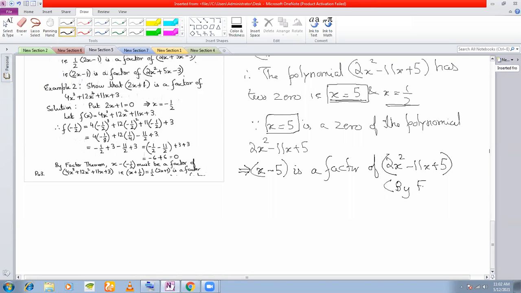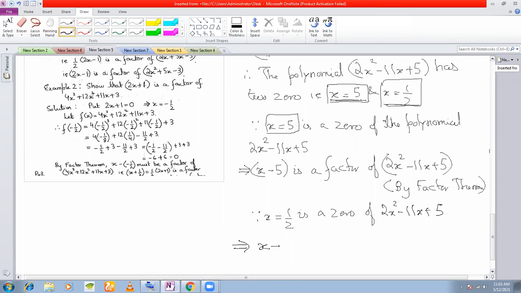I'll give you the formal statement of factor theorem after this. But just know the working rule of factor theorem. Also, we know that x is equal to half is a zero of the polynomial. So since x is equal to half is a zero of 2x square minus 11x plus 5, that means x minus half is a factor of 2x square minus 11x plus 5.